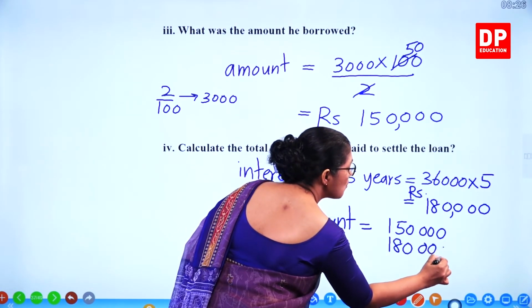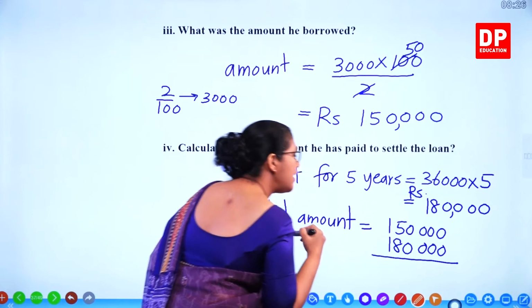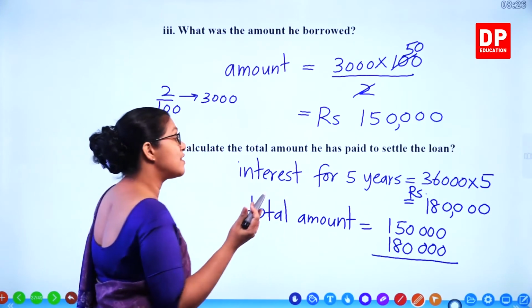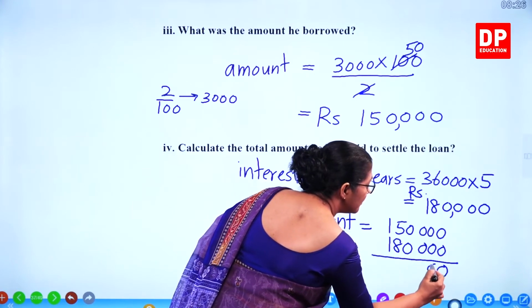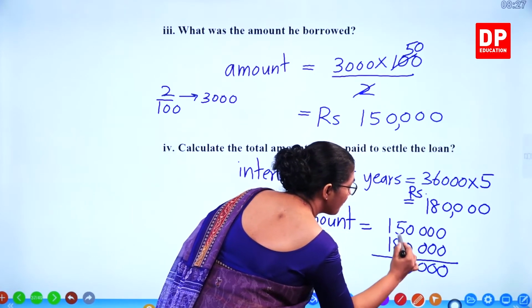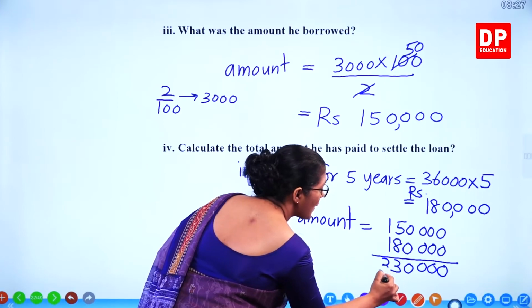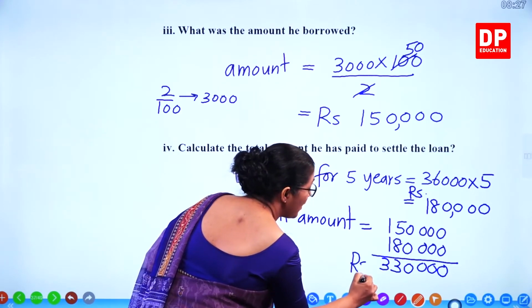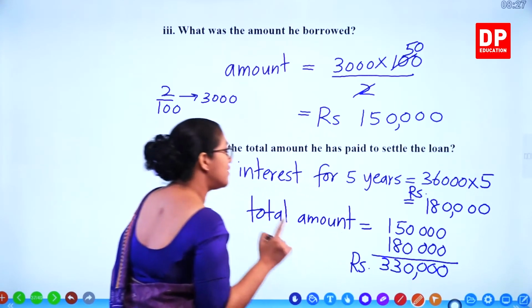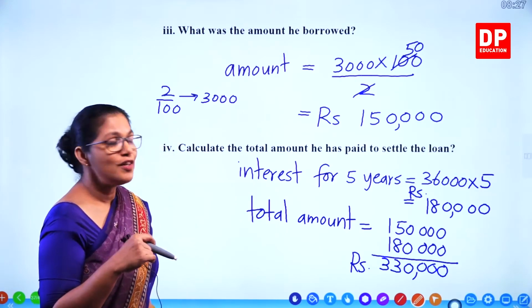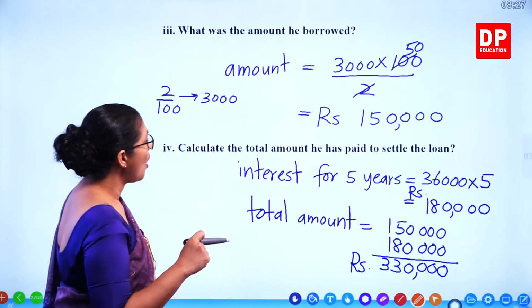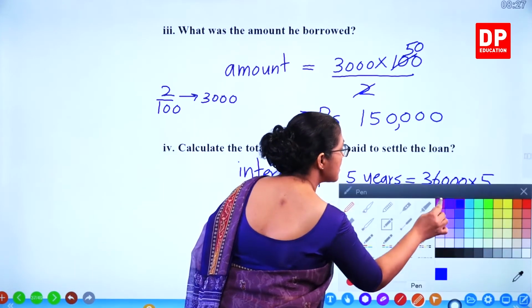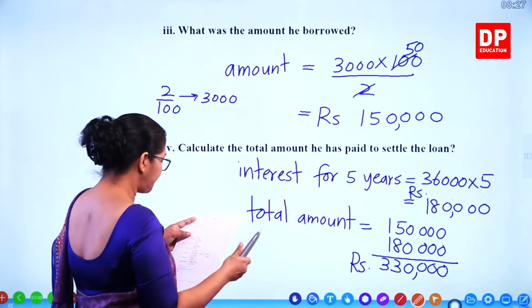Now look at this one. He is paying more interest than the borrowed money because he extended his time for another 2 years. So he needs to pay 330,000 rupees to settle this loan. Now we'll see how many marks for this part.